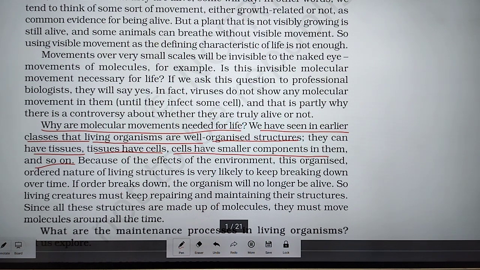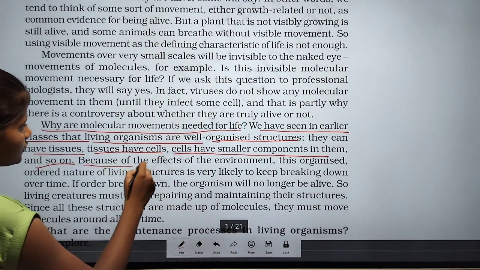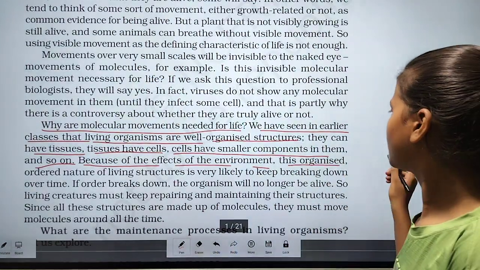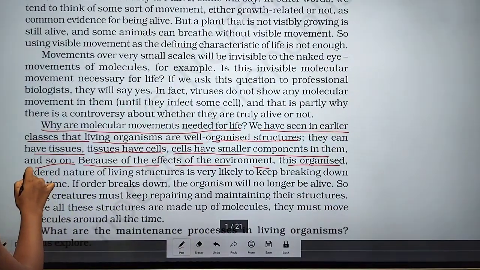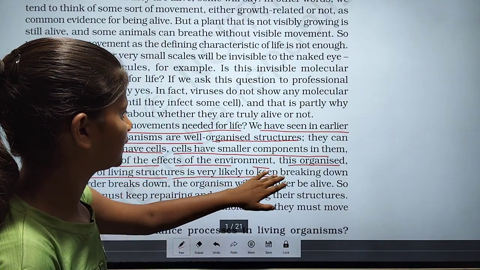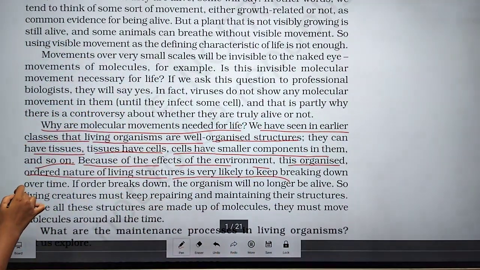Because of the effects of the environment, this organized, ordered nature of living structures is very likely to keep breaking down over time.